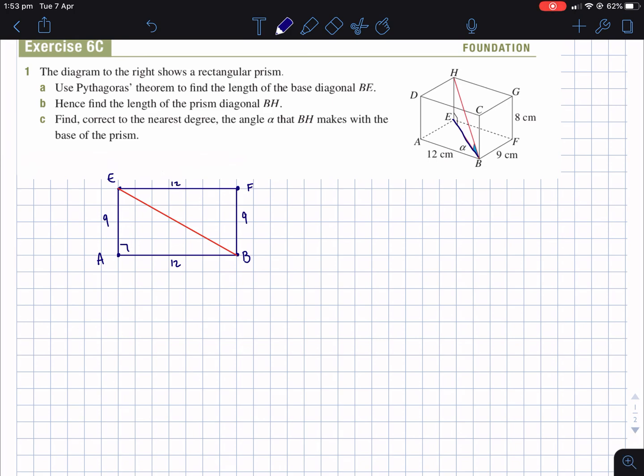BE is the hypotenuse, so BE squared equals 12 squared plus 9 squared. Calculator time: that's 225. So the length BE equals the square root of 225, which is 15.